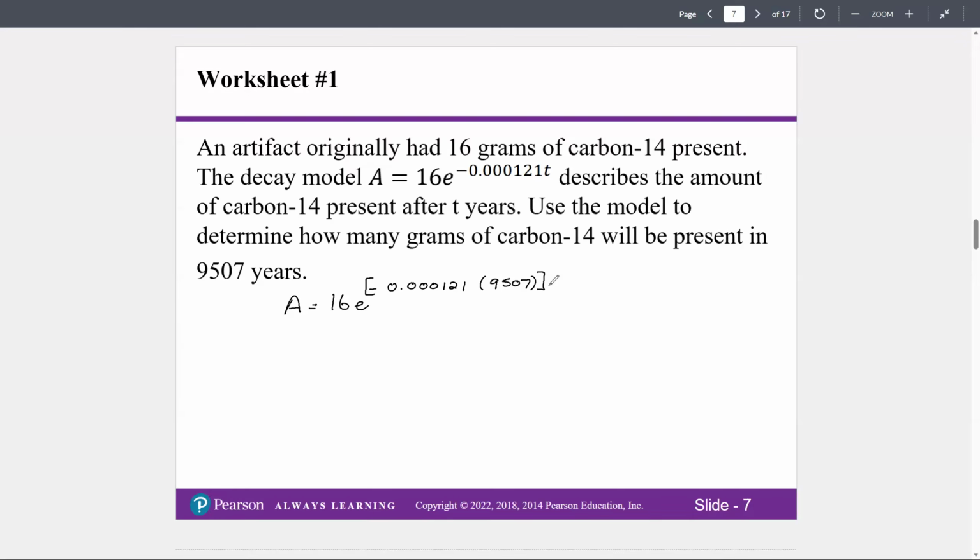Negative 0.000121 times 9507. Okay. So we expect to have only 5.06 grams present. So we actually use carbon-14 to help us age items.